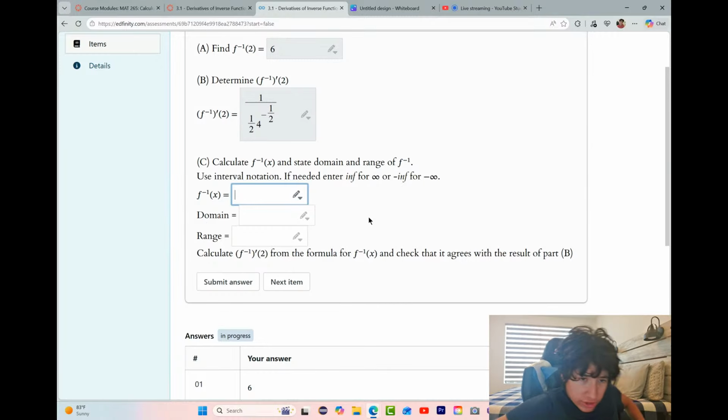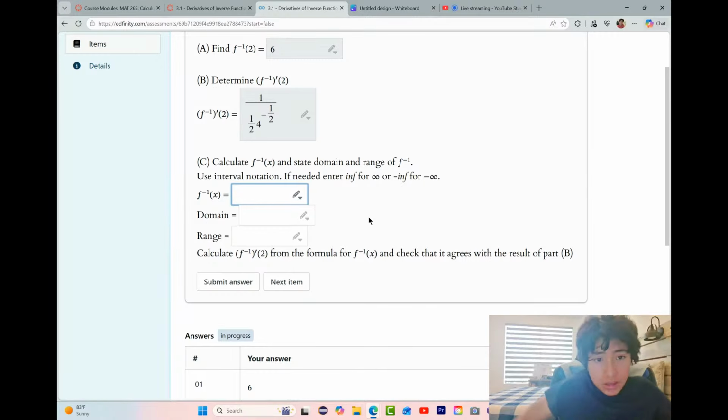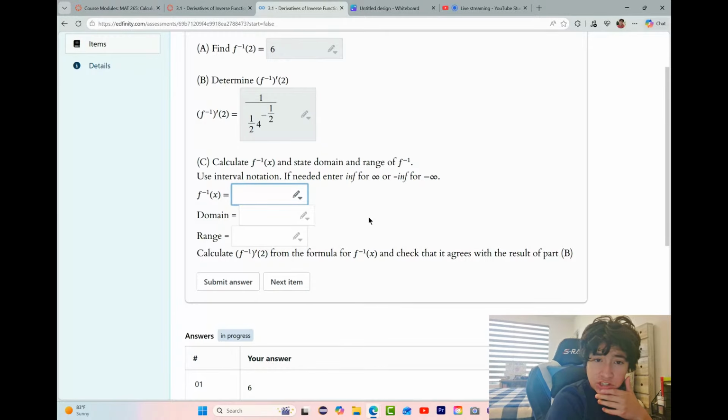And now part C, calculate the inverse of f of x and state the domain and range of the inverse of f.